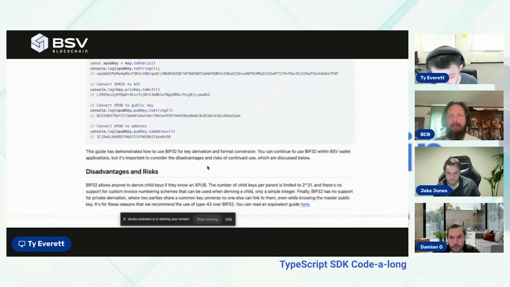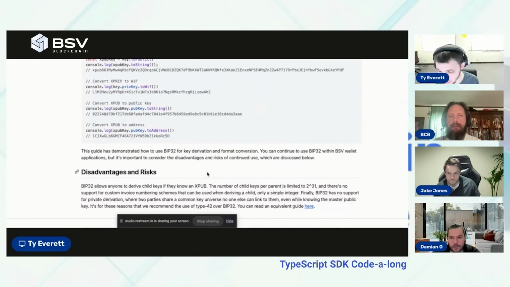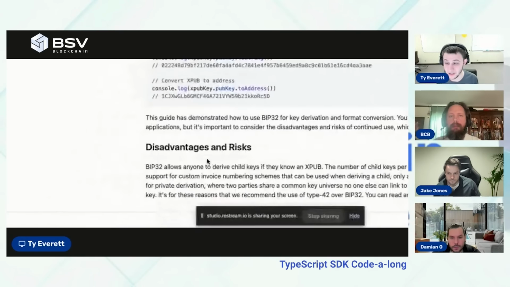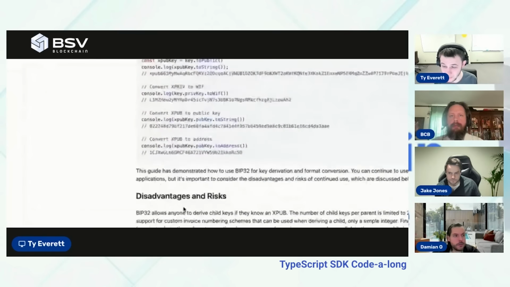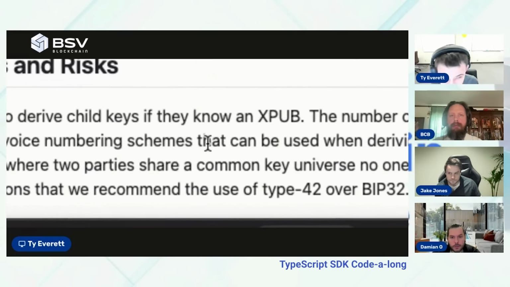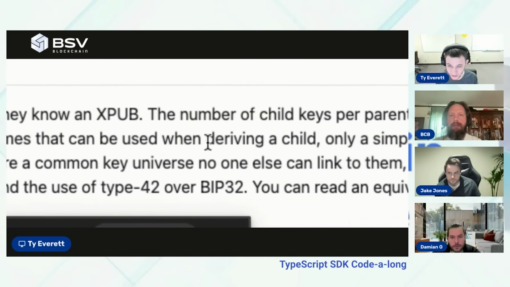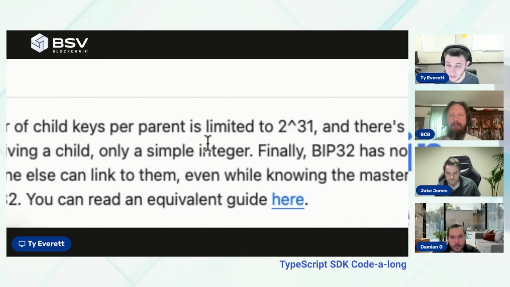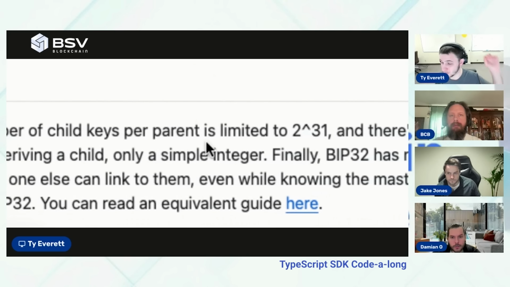And once again, I'll just highlight some of the disadvantages and risks associated with this. But yes, the library does fully support, in a backwards compatible way, the use of BIP32. BIP32 allows anyone to derive child keys. So if they know your xpub, then they can know all of your potential child keys, and that can hurt your privacy.